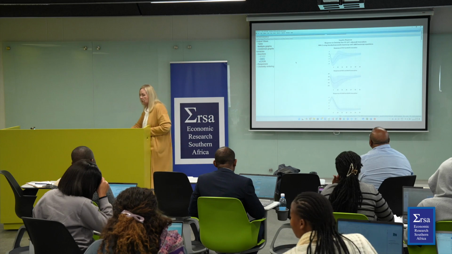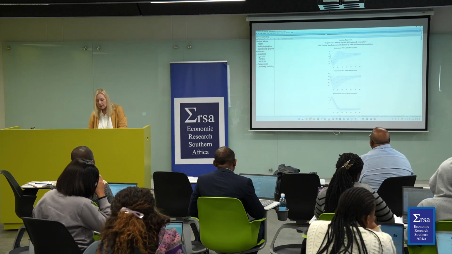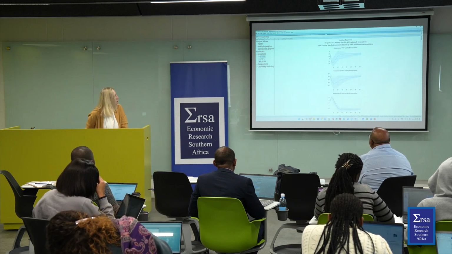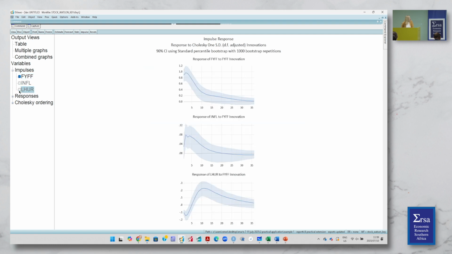So just to reaffirm it for this one: there's an innovation, and that innovation is set to one standard deviation of whatever the dependent variable is. You can work it out on the federal funds rate, so that we can compare apples with apples, so that one is not a large shock and the other a very tiny shock.